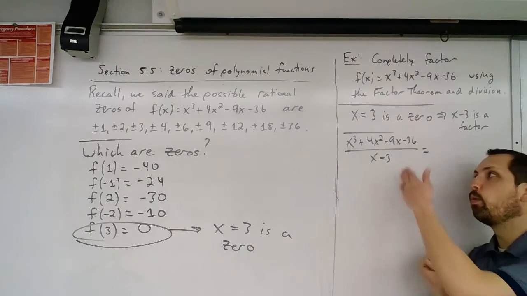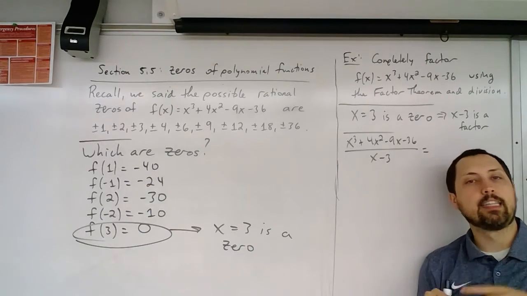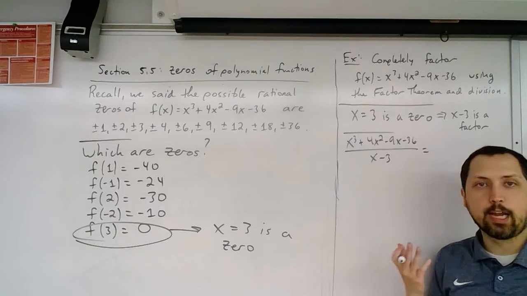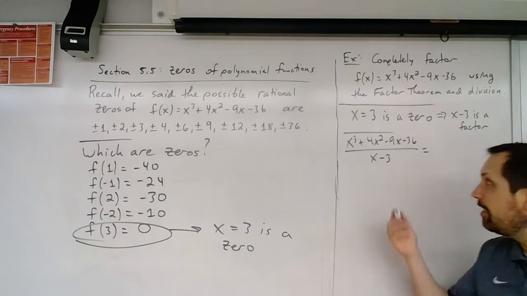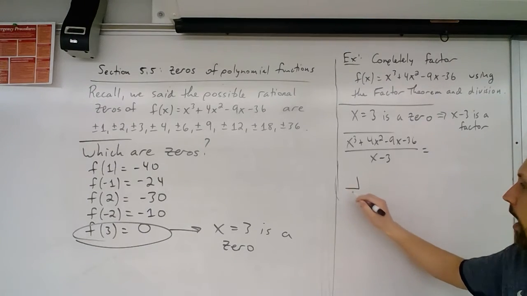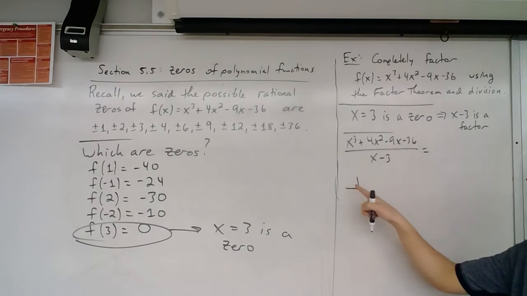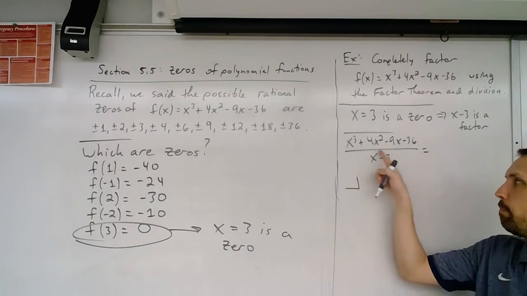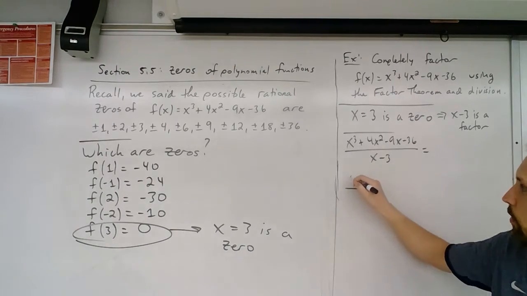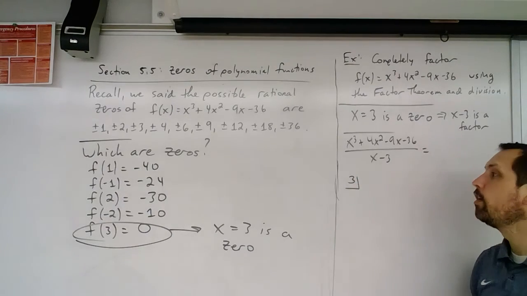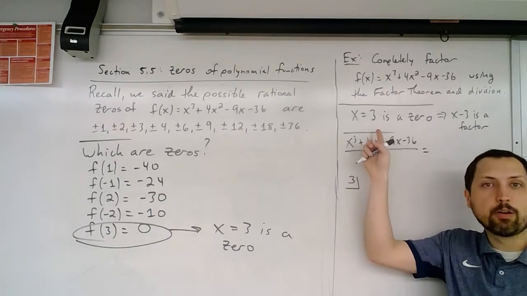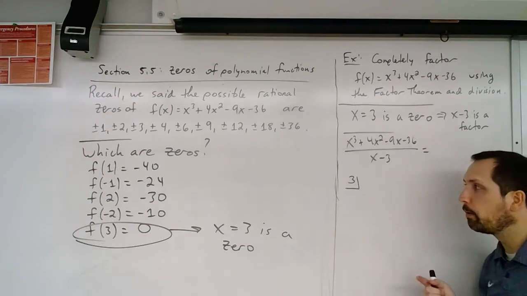Well, now we do whatever type of division you prefer, synthetic or long division. I prefer synthetic division when I can use it. So we form our little box. In the box, the number is the one that makes our denominator equal to 0. That's going to be 3. Notice that's the same as the zero up here. It will always be that way.